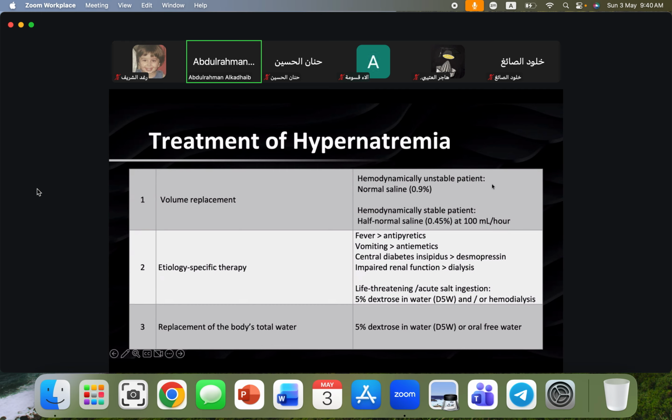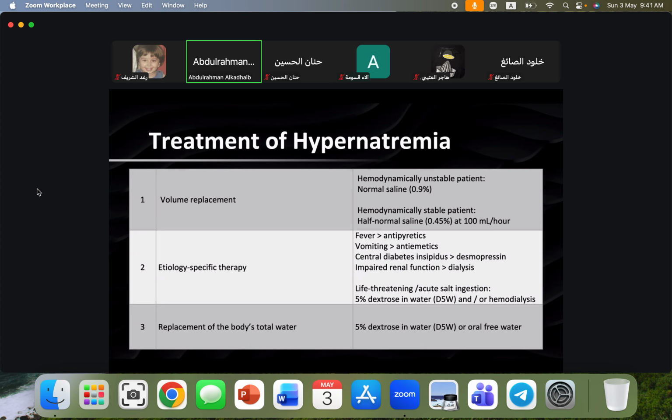In case of hemodynamic instability, we usually give a bolus of normal saline, like 0.9%. And in case of a hemodynamically stable patient, we usually go with half normal saline. And some of you may wonder why we would treat those patients with sodium-containing fluid when they have hypernatremia.